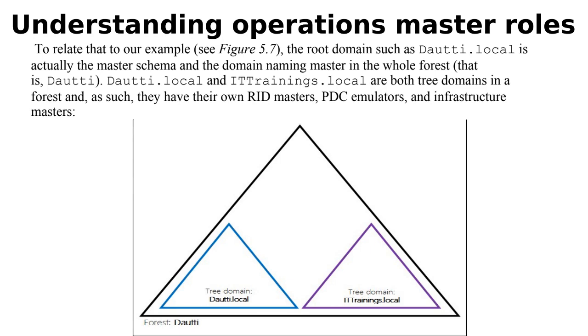So here we have our forest, Duwati, and we have these two domains inside it. Here Duwati.local is actually the master schema, and it is the domain naming master for the whole forest. What is the name of this forest? Duwati.